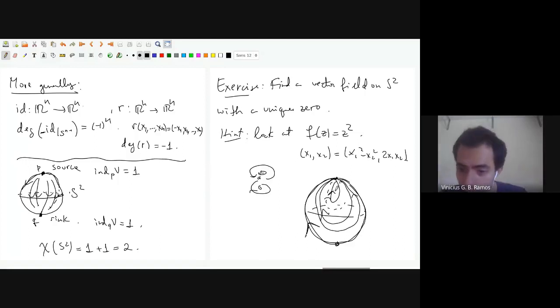Topologically, this is, oops, I'm putting the arrow the wrong way. So topologically, this is what's going on. You have these circles that go all the way, and you can take these circles to get bigger and bigger and bigger and kind of go through the sphere like that. So, yeah, you have to show that you can extend this vector field over the South Pole, and it's non-zero there.